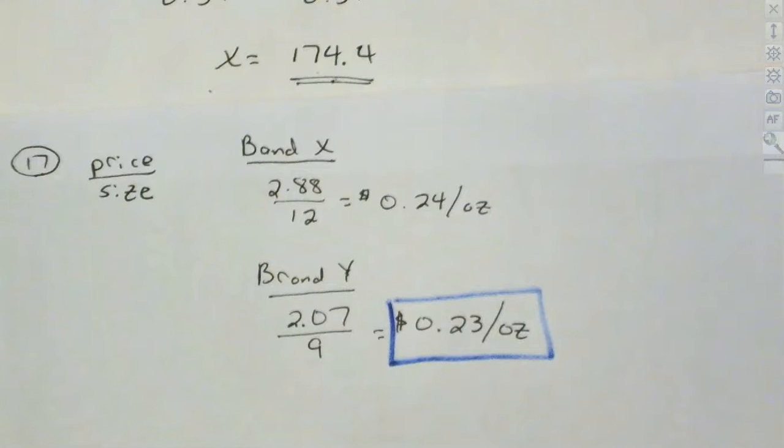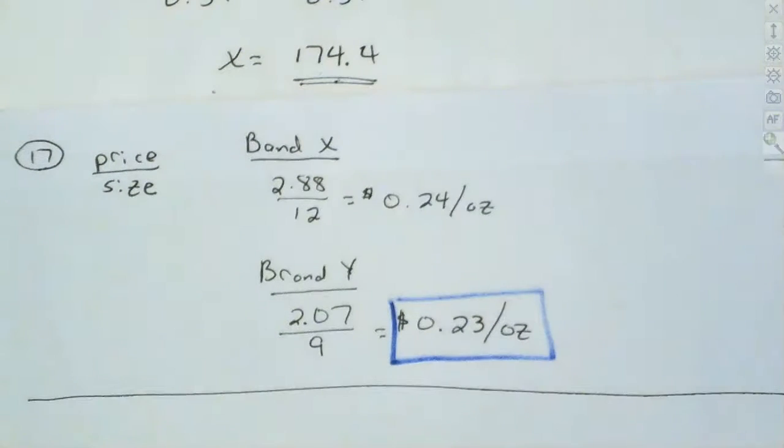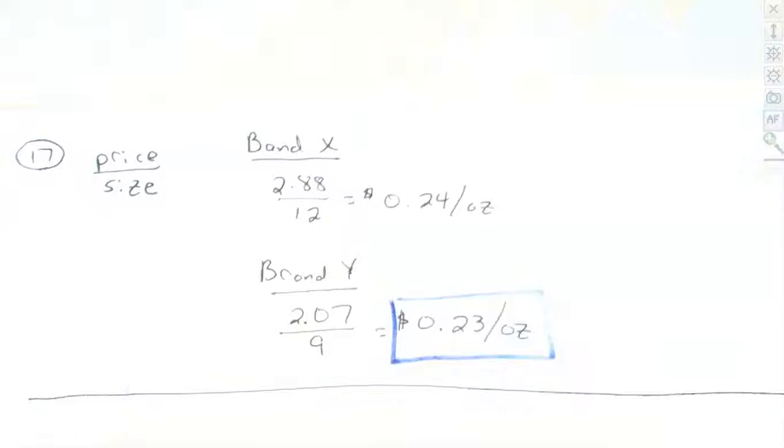You take the price of the box of candy bars, divide it by the number that are in there, and that gives you the price per candy bar. Or in this case, price per ounce. Or on ground meat, divide by the pounds, and that gives you price per pound. But you always want the one that is the cheapest, and in this case, the smaller container is actually the better buy.